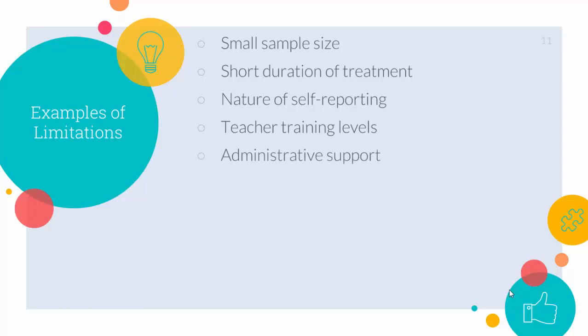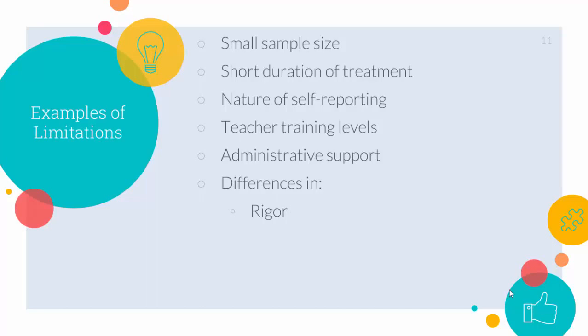Administrative support can be a limitation, definitely. In one district, the administrator may be all on board with a certain treatment or program, but in another school, that administrator does not believe in that philosophy at all. That would be a limitation. And then just basic differences in the level of rigor. Let's say you're comparing grades like A, B, C, D, F, or you're comparing GPA or what have you.